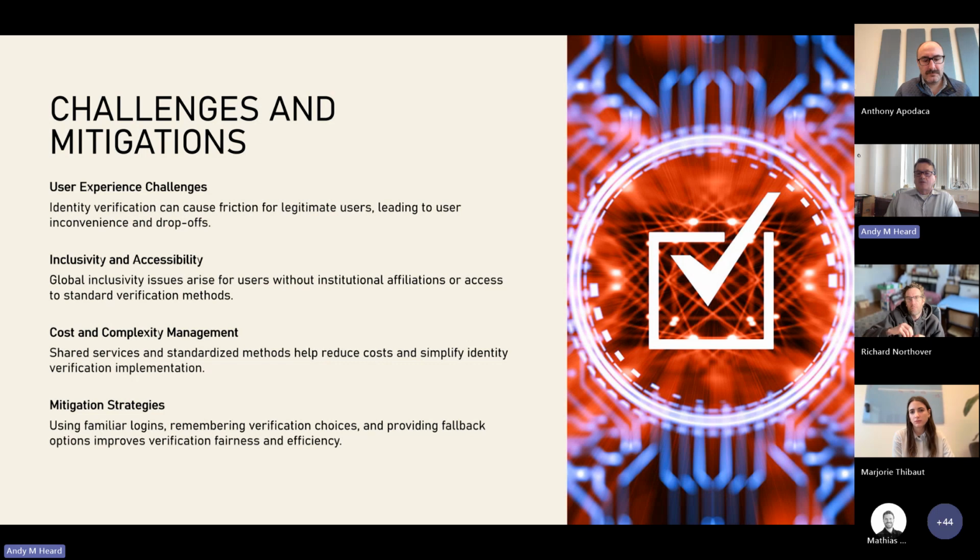Additionally, remembering verification choices across platforms to reduce repetition and provide fallback options for researchers without institutional affiliation. And shared services and standards can help manage costs and complexity. Addressing these challenges proactively ensures that verification processes remain fair, efficient, and widely accessible.